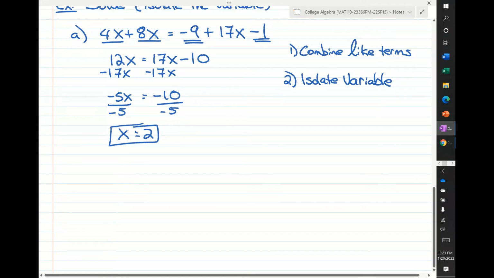Let's keep going. How about something like this? What if we had 3 times 4 plus x, minus x, is equal to 5x minus 3?